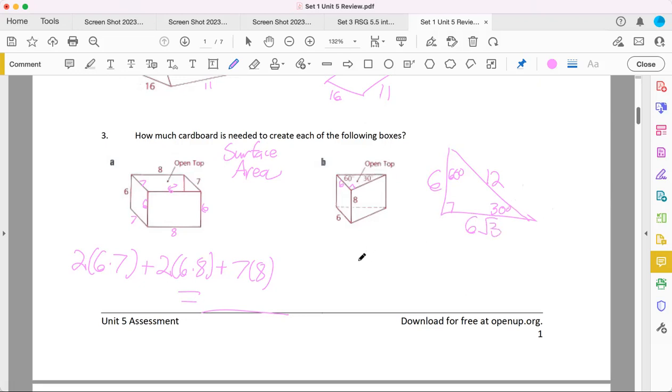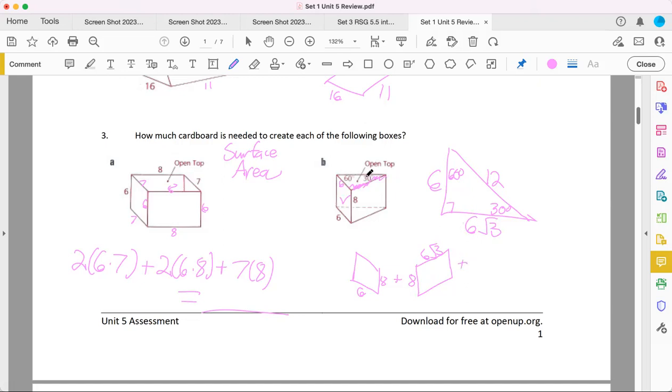So really you only need to accommodate this side that's here, which is 6 times 8. You add on this pane here, which is 8 times that 6√3, which again, you got from the bird's eye view. This is 6√3.